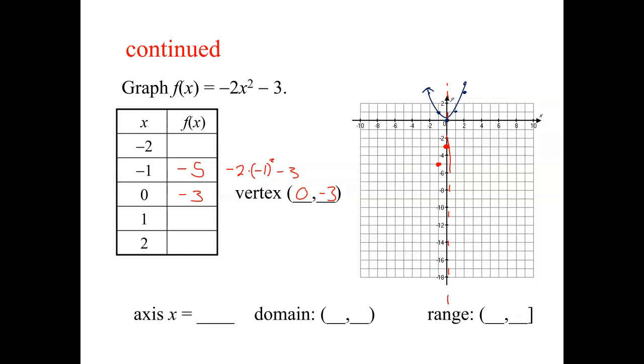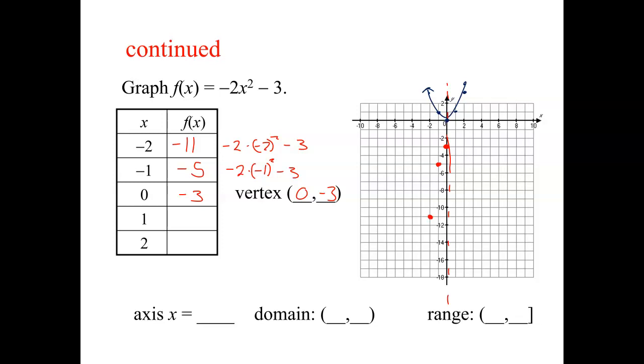Let's do it with the 2. -2 times 2 squared minus 3. 2 squared, 4 times -2 minus 3. There's -8 minus 3. So I get -11.